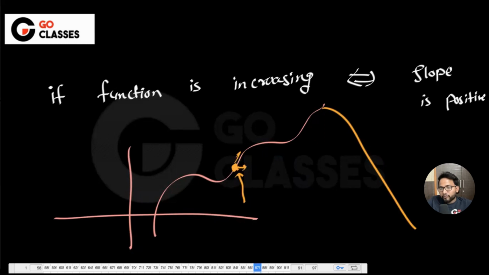So we say that, I will just mathematically prove this, that if the function is increasing, then the slope must be positive. But currently I'm just telling you one thing, that here what is happening is, if we are seeing in the neighborhood, which means if we are increasing this x, it means what? If you're increasing this x, y is also increasing.